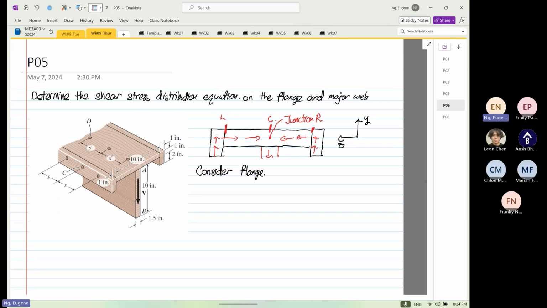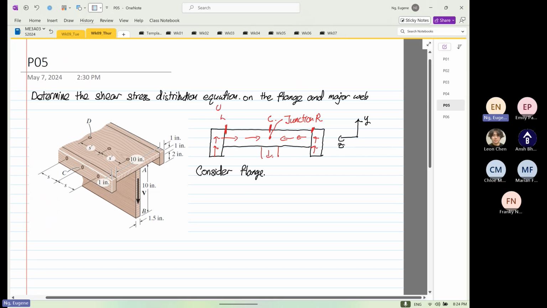So when that's the case, you will start from the left, where the first moment of area is low. At the center, the first moment of area will be the highest in the flange. So it's related to Q low to Q high. We're going to call this 0, and this will be moving towards the right.